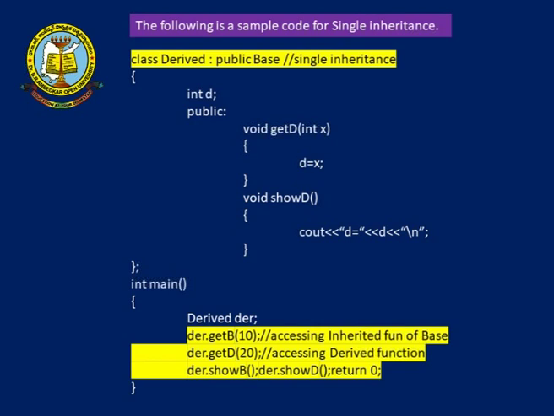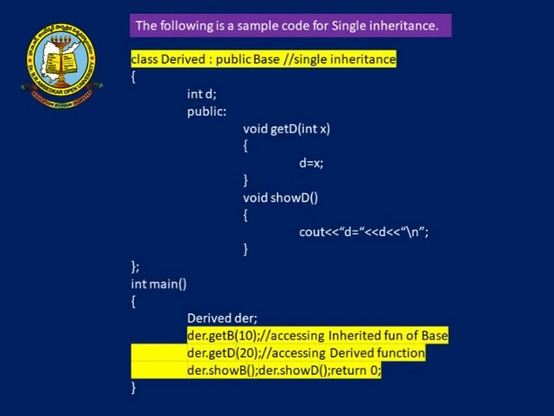In the main method, we are creating an object of derived. Here der is nothing but an object name, an object of derived type. With der.getB, we are invoking the getB method. It is accessible because this derived object can access the public members of its base class. We are invoking that function and also passing one argument.